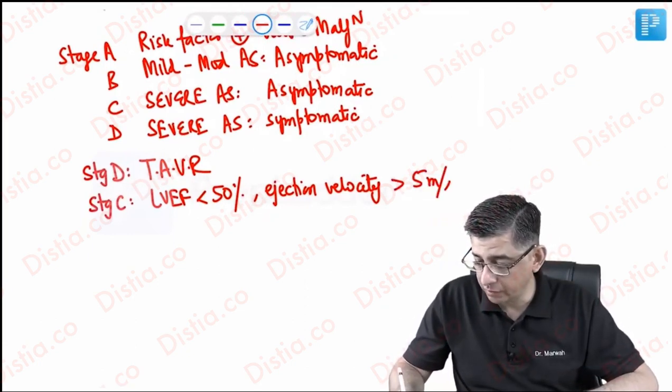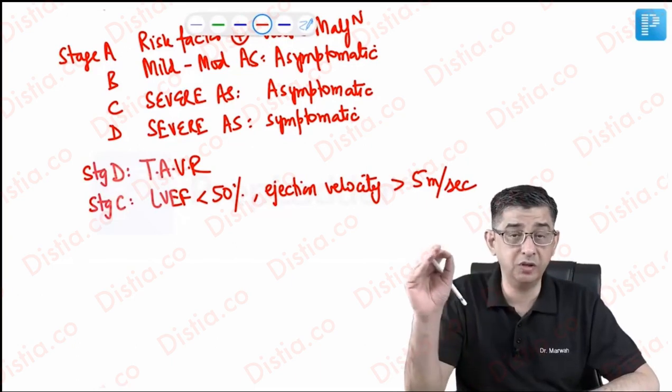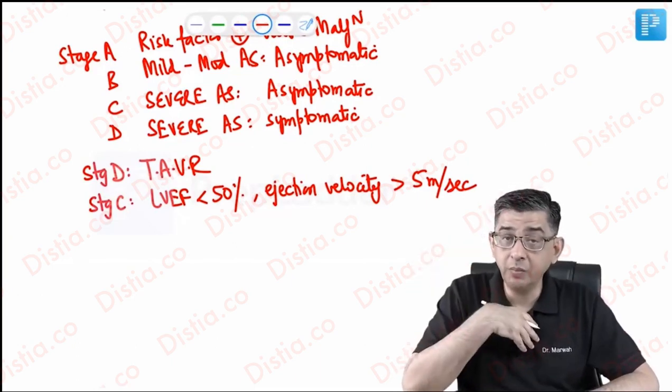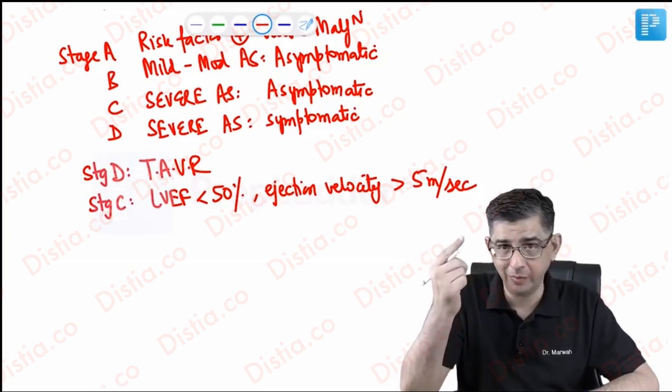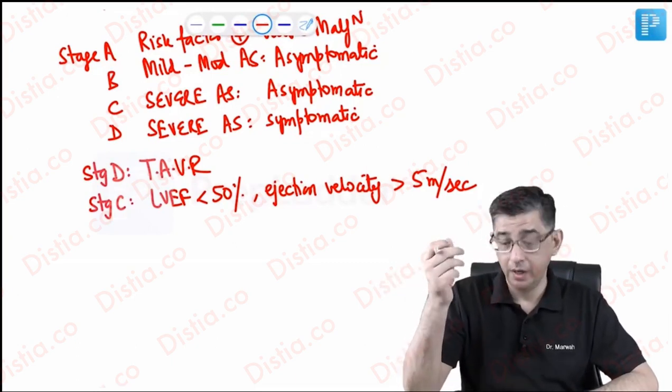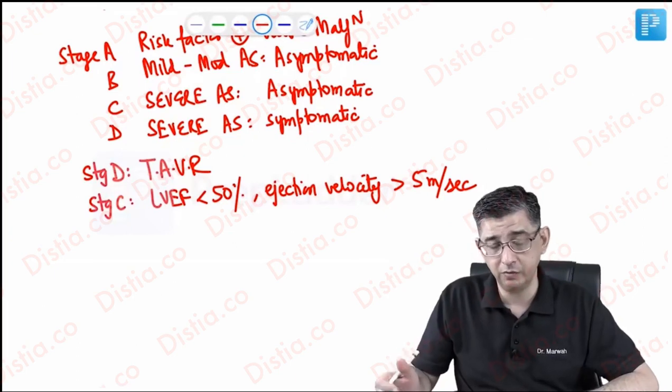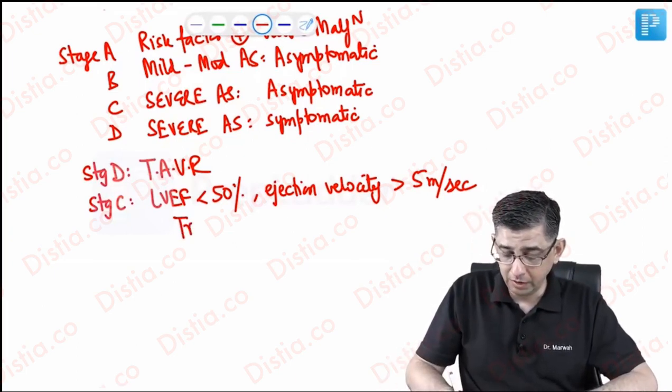So if the echocardiography report says ejection velocity of more than 5 meters per second, in your and my heart, the ejection velocity is 1 meter per second, that is, 3 feet per second. Here it is 5 times, 5x of normal. And then there is an increased transvalvular gradient also given.